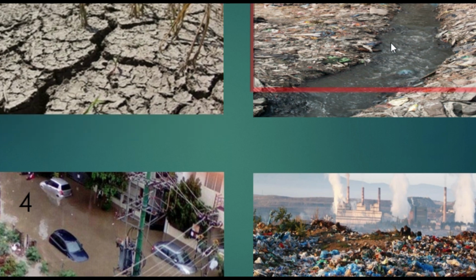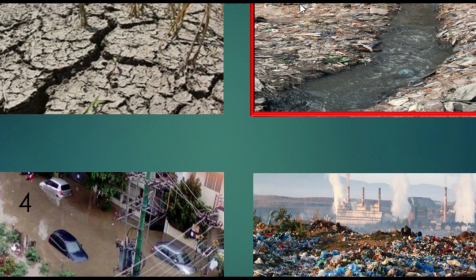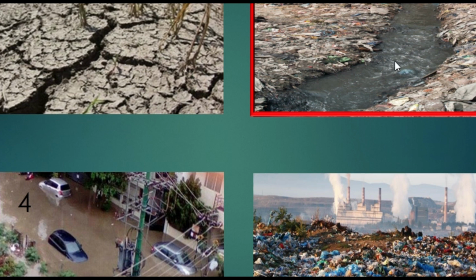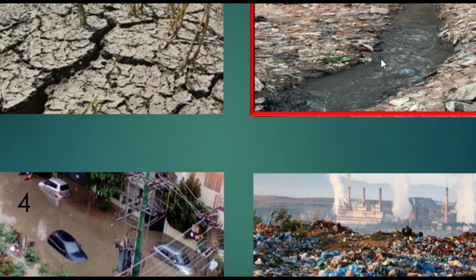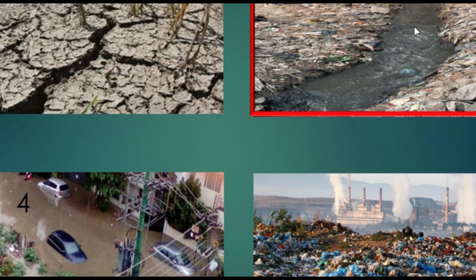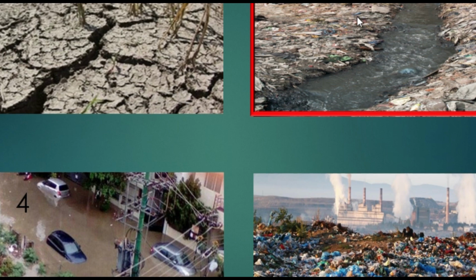In the next picture we see that the polluted soil has already killed a drain or a canal, and what happens is that the drainage system is ruined, water cannot flow, and this land cannot be used for any purpose.